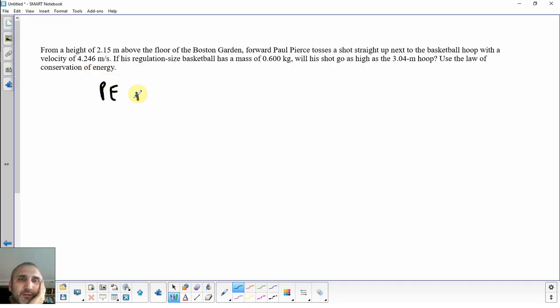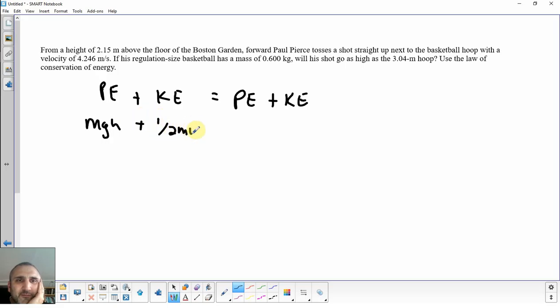PE plus KE equals PE plus KE. MGH plus 1/2 mv squared equals MGH plus 1/2 mv squared. So to start with, the height is 2.15 meters and the basketball is 0.6 kilograms.